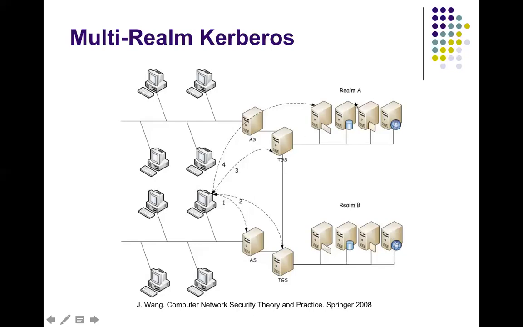Instead, he wants to use a service in a different realm. So he will send this ticket to the TGS of the different realm, obtain a server ticket for that realm, and then present that server ticket, ticket sub V, to the server in the different realm. Basically, that's a simple extension, but it involves one more phase.